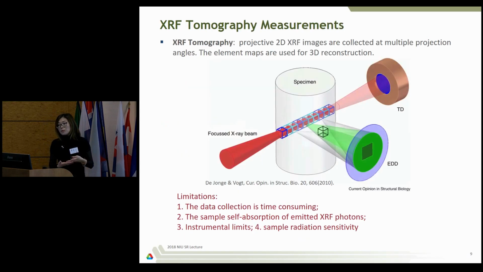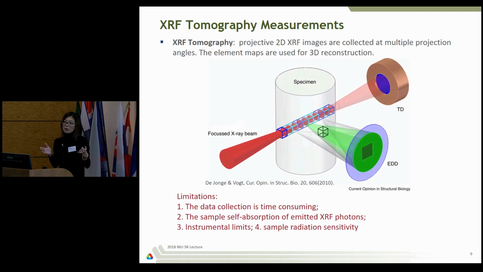Then in terms of 3D mapping, there are two geometries. One is the projection geometry, which we call X-ray fluorescence tomography. In terms of data collection, it's very similar. We take 2D projective XRF images and then rotate the sample so that we get projections at multiple projection angles. Then we analyze the data and deconvolute into element maps.